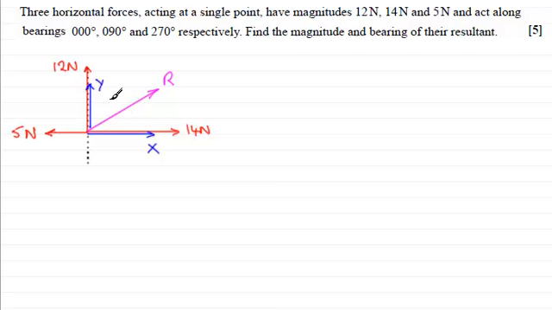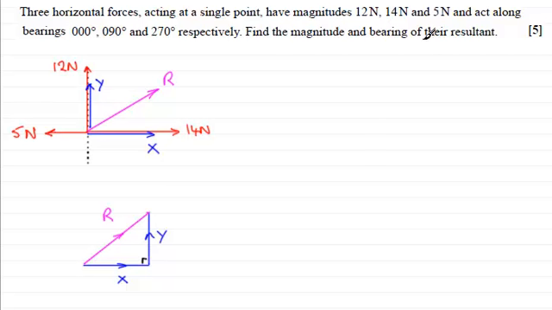I'm going to work out what X and Y are by resolving forces, and once I know what X and Y are, I'm going to use Pythagoras' theorem to find out what R is, because I can redraw this just down below: if I know X and I know Y, then that resultant force R comes from this triangle of forces. I can easily do that by Pythagoras' theorem.